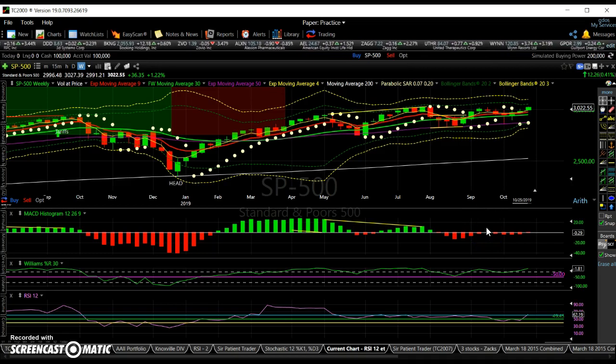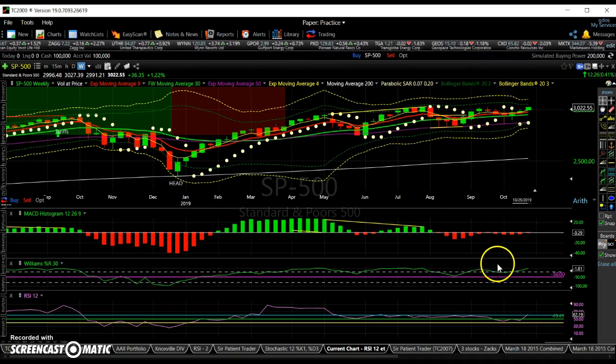We don't have that, but it's not far removed from it. So I'm going to lean on the side of a bullish divergence here, especially since this low is about the same as this low. It's a little questionable, but I'm going to say I'm more bullish than bearish here.